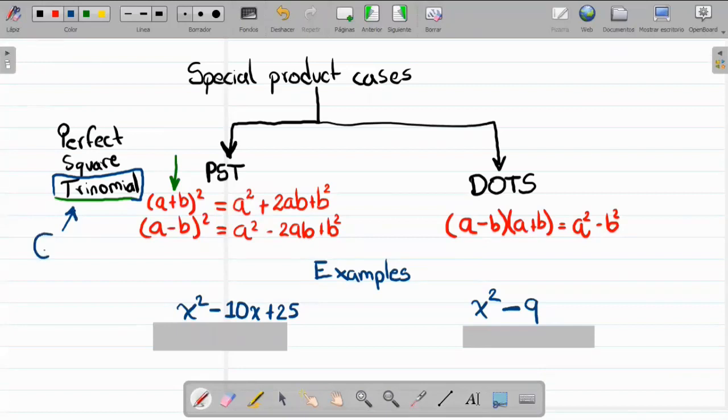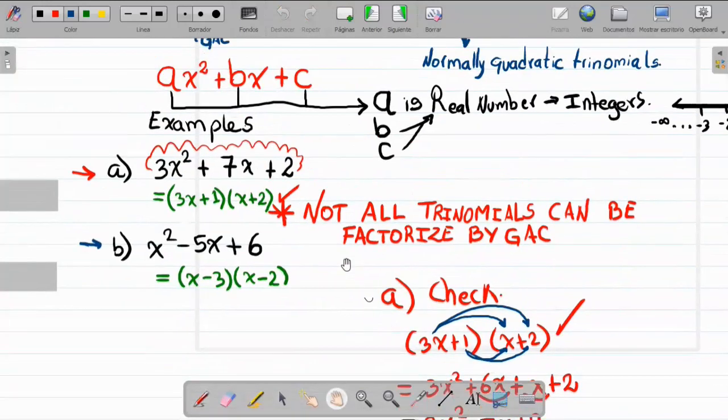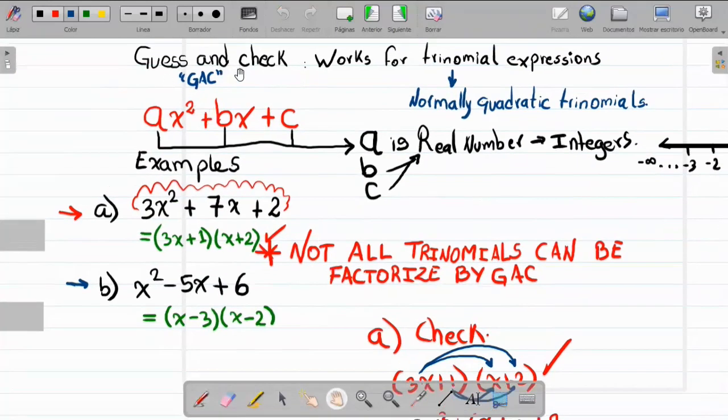So at the end, this special product, which is the perfect square trinomial, will fit into a guess and check exercise. Why? Because the exercises we will see will behave like this one. If you see this expression we have right now, it's a trinomial that has 3 terms, and at the same time has degree 2, so it's a quadratic trinomial, which fits exactly what we described of the guess and check method.